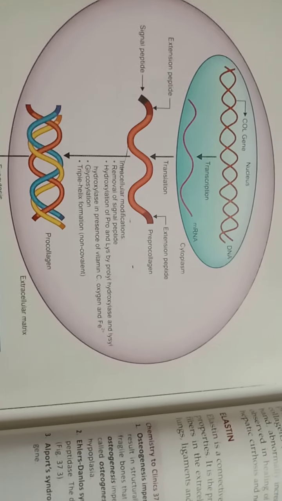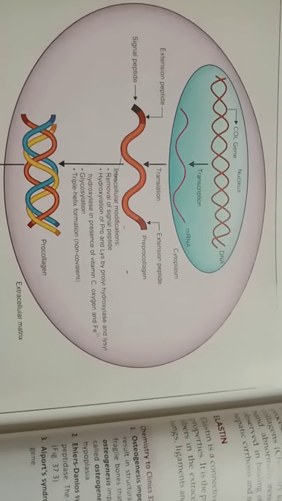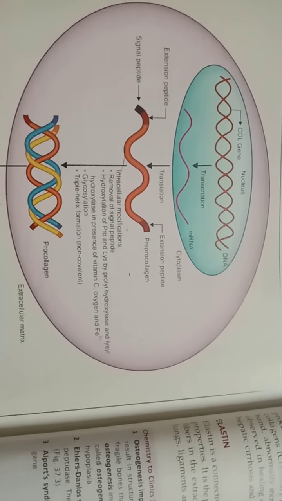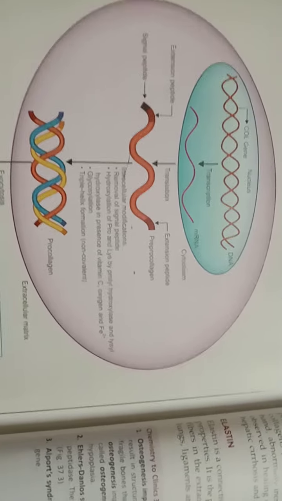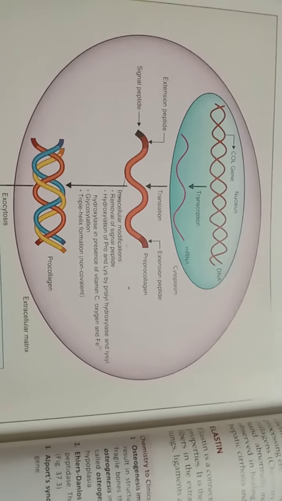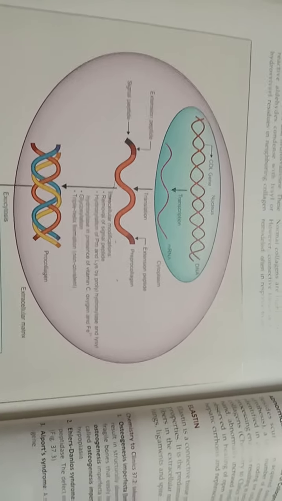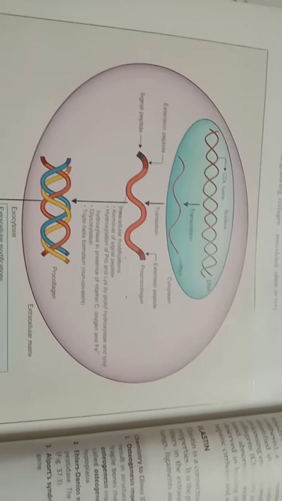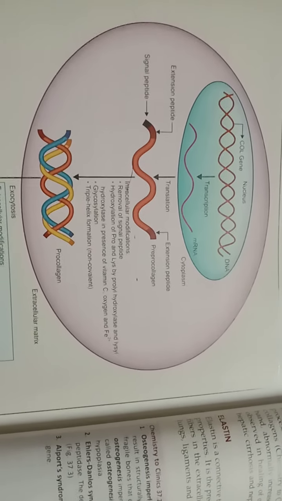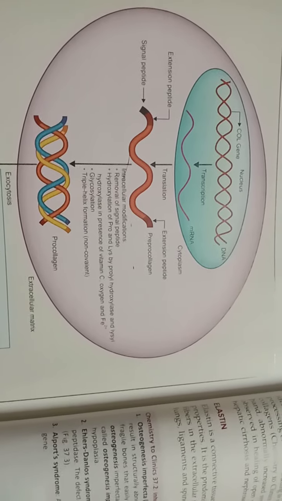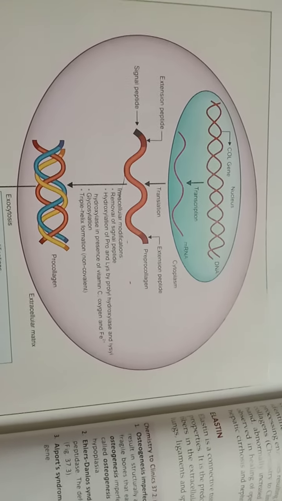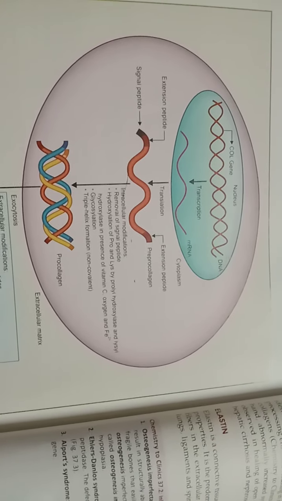In translational machineries there are so many components, but you can say the ribosome is one of the most important components, which will provide the platform for the ligation of the messenger RNA. And many factors in the cytoplasm participate in the formation of the proteins, or we can say the translational processes.